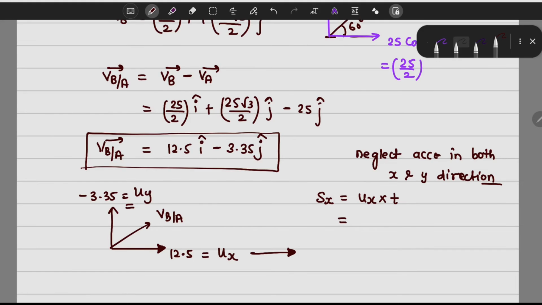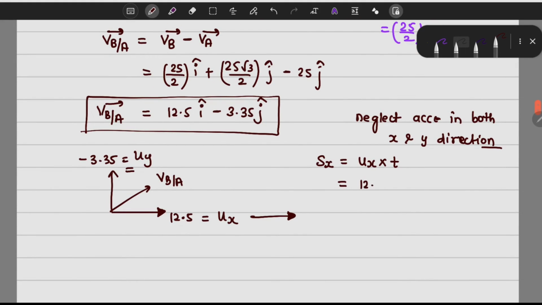So we can find this as 12.5 into 1.7, so we'll get 21.25. And if we find Sy, the distance traveled in the vertical direction, we can write uy into t. What is uy?